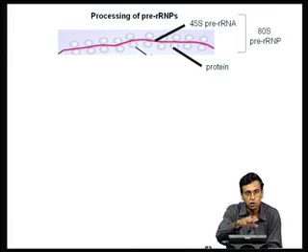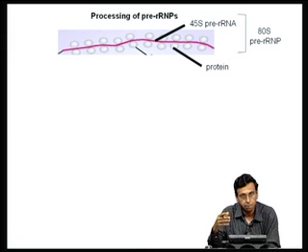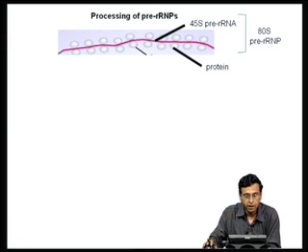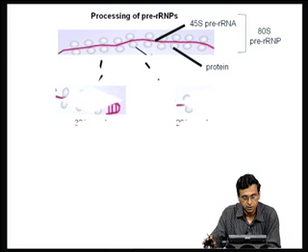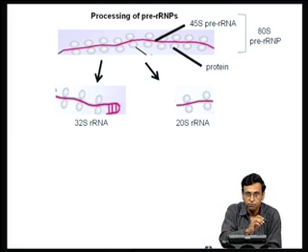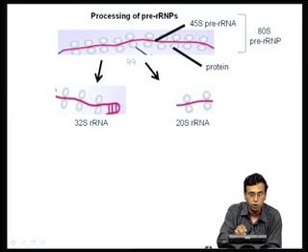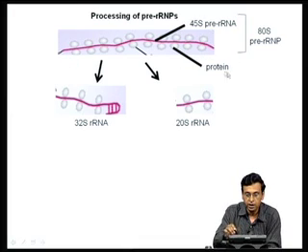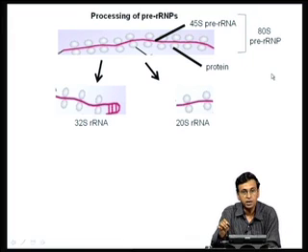So, I will just put a cartoon here just to register in your mind the key steps involved in rRNA processing. For example, as soon as the 48S RNA is transcribed, it immediately associates with a number of proteins so that the rRNA now becomes an 80S pre-ribosomal ribonucleoprotein or pre-rRNP.